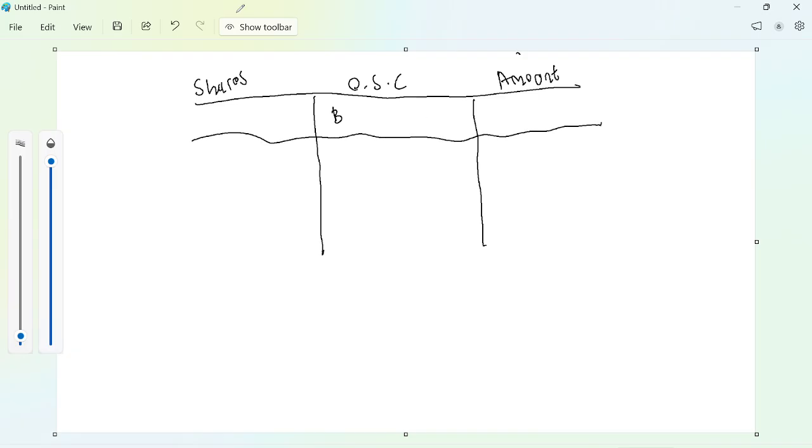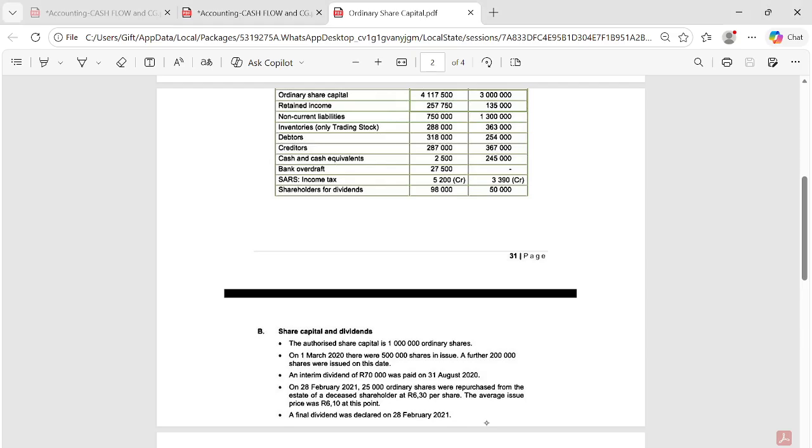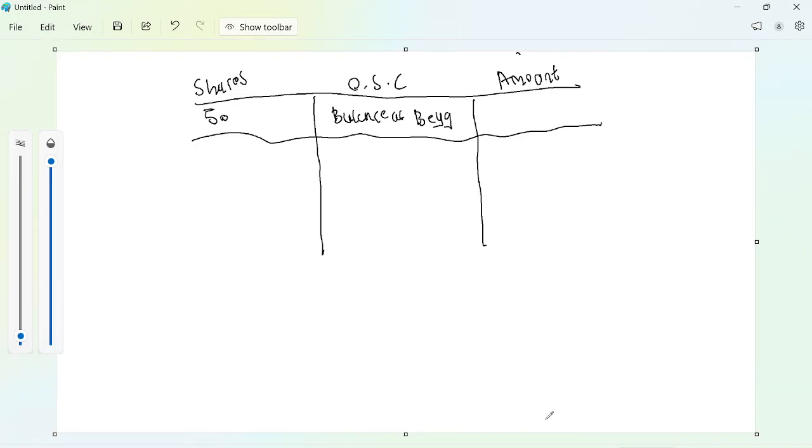Remember, this is the balance at the beginning. At the beginning of the year, we issued 500,000 shares, and we issued again 200,000 shares.